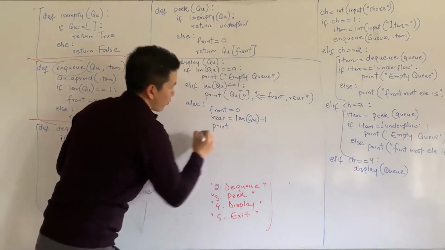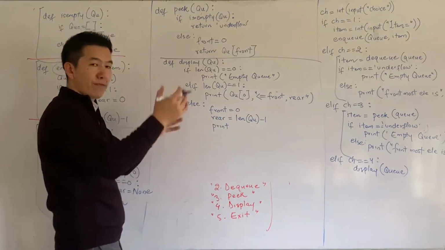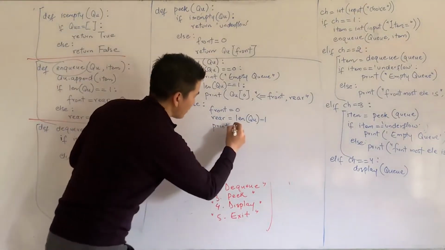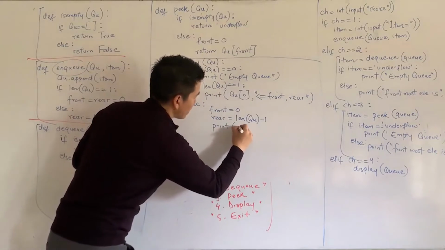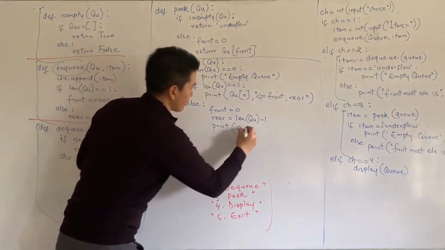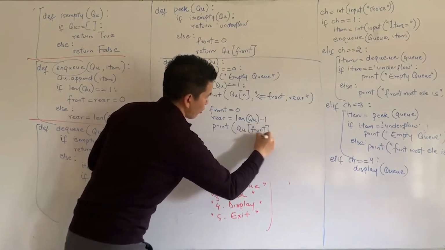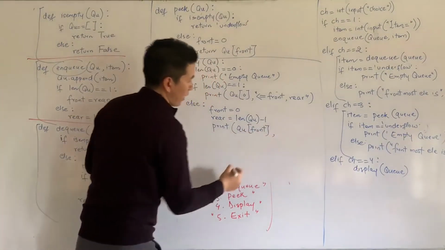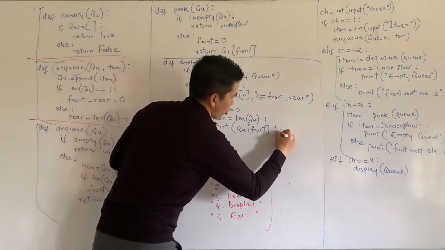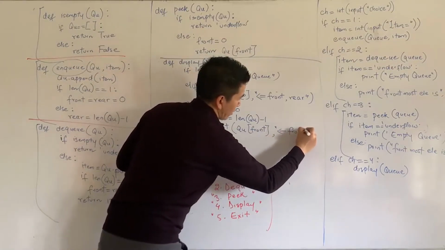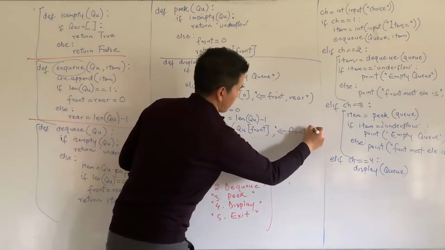then you need to print the front element first, so you could actually print it as queue, and then you have front, and then followed by a message of front, like this.